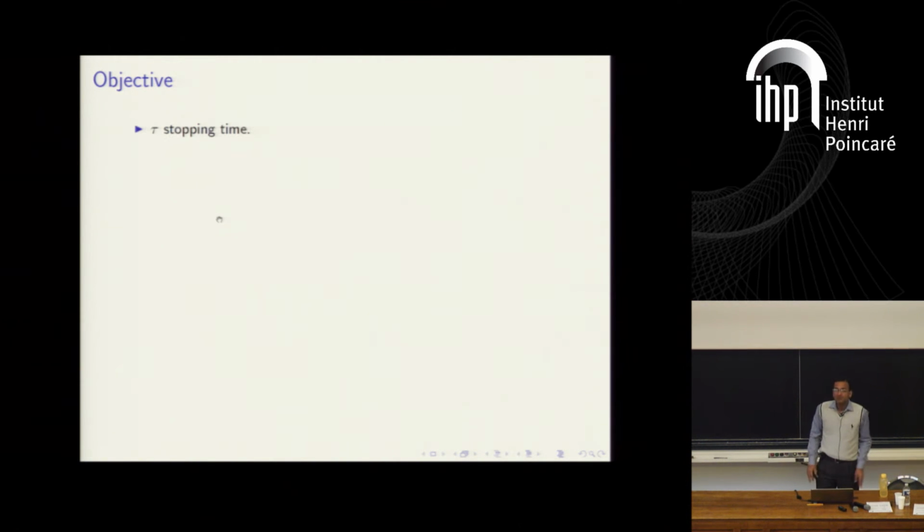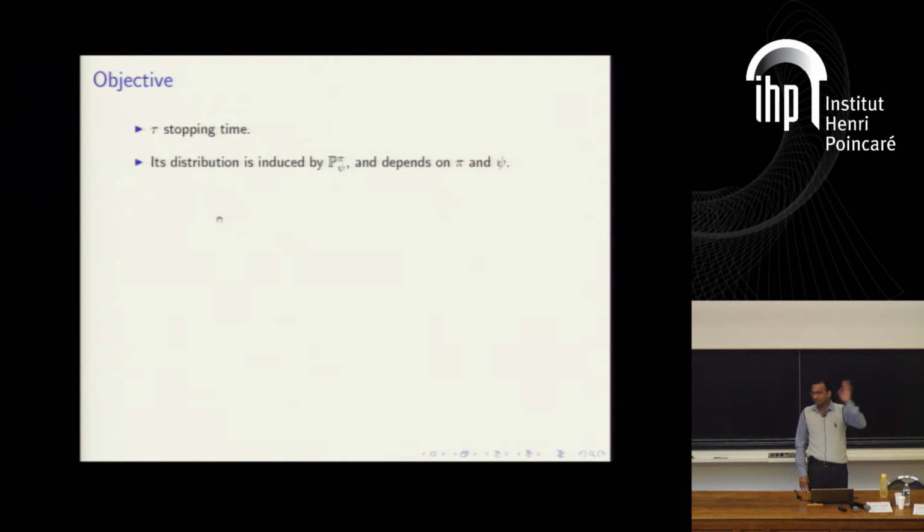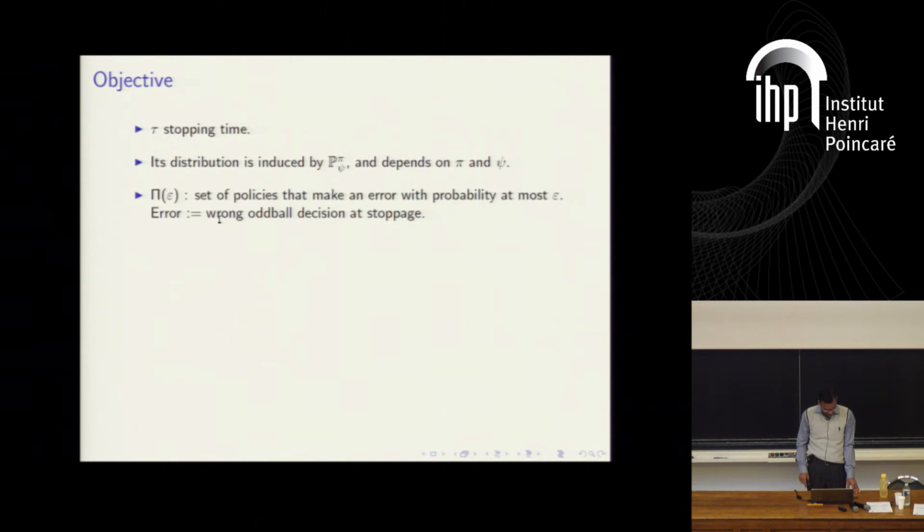Our objective is essentially to minimize the time to a decision, and this will be modeled in terms of a stopping time, tau. This is the time at which you stop and say, I'm done, I have a decision, when Aaron put up his hand. Its distribution, of course, is induced by the measure that we have, which depends on the ground truth psi and the policy pi.